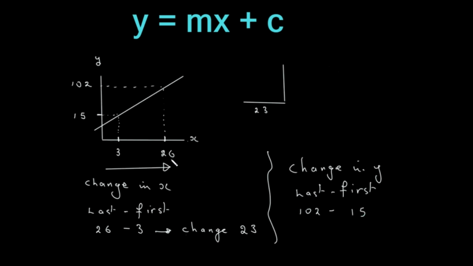Last value, first value, there's your first value for the y. So this would equal 87, I think. 102 minus 15, yeah, 87. So we got 23 along here, 23 along, and we've got 87 up.